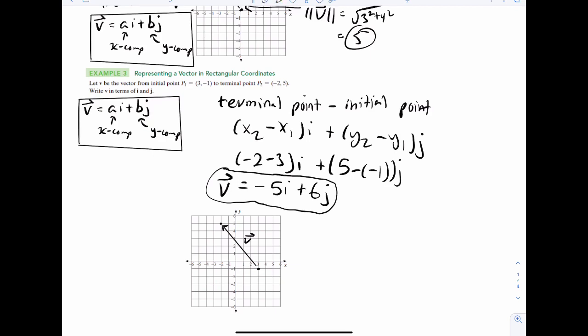And notice how, if you want to analyze it, you can see that this is going 5 in that direction and 6 in the vertical direction. And that's all this is saying. You're just breaking up your vector into components.